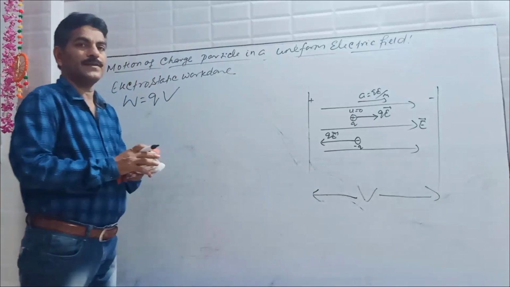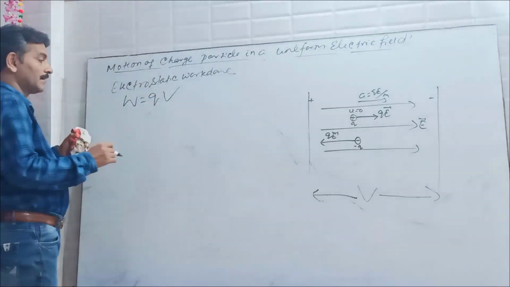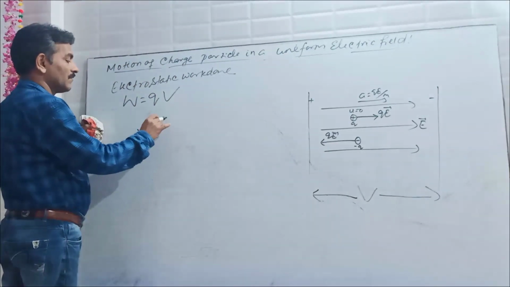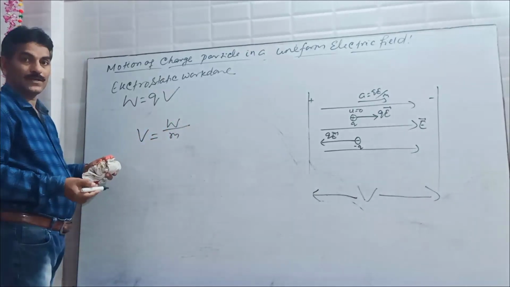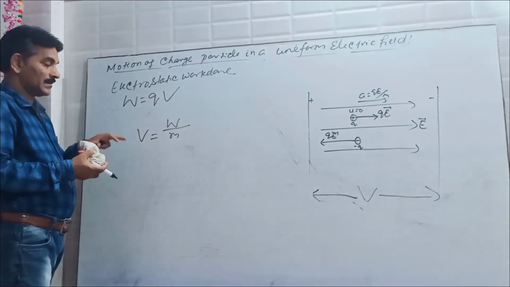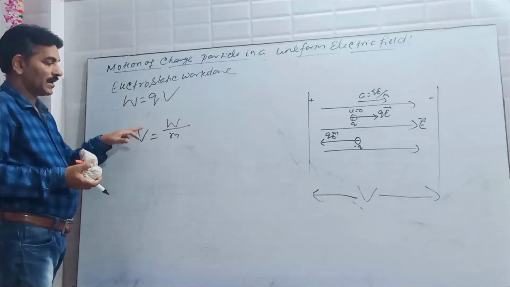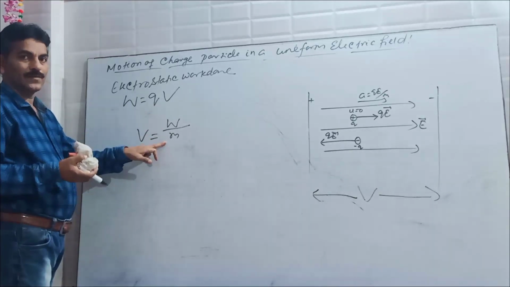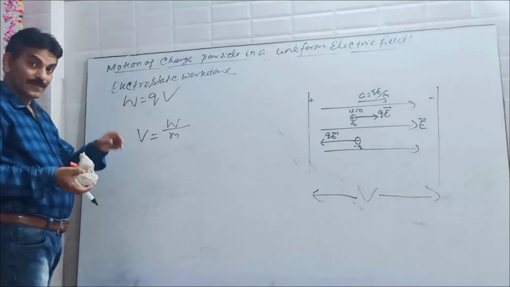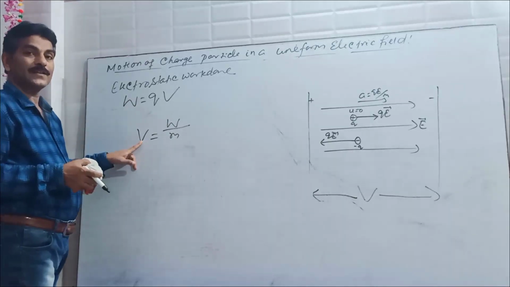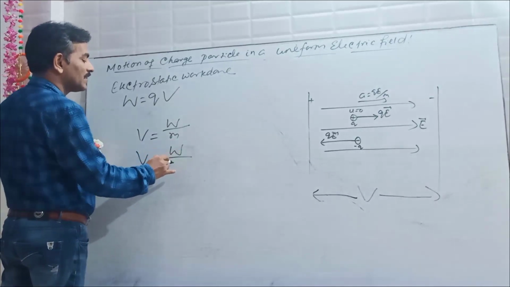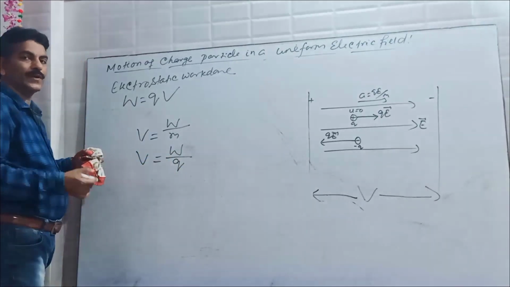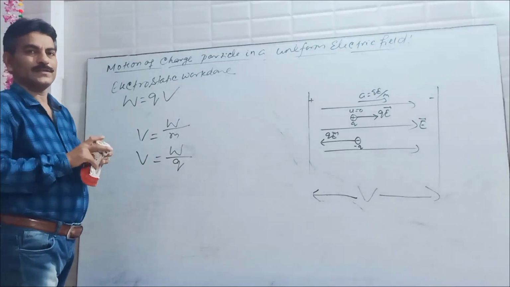You must have read in the gravitation chapter, gravitational potential is work done in bringing a unit mass from infinity to that point. Similarly here, electric potential is defined as work done in bringing a charge from infinity to that point.